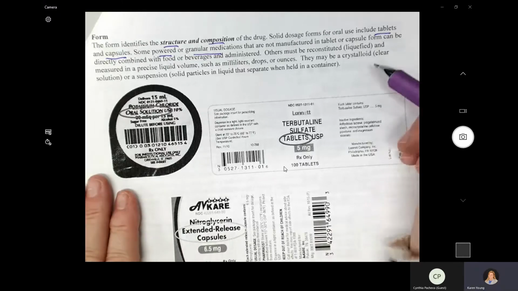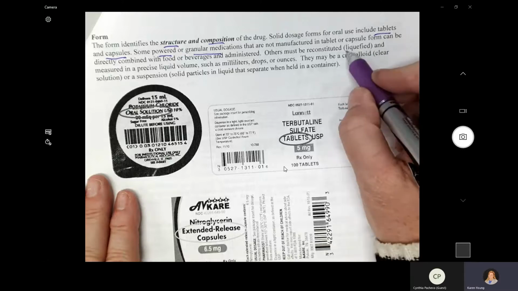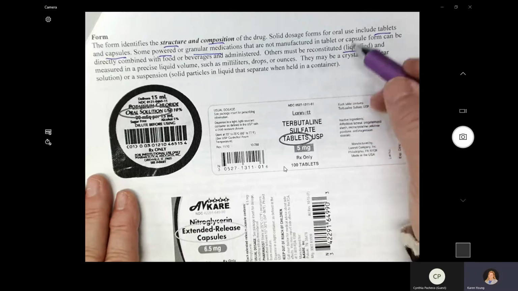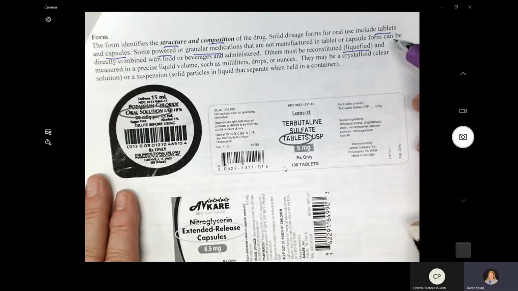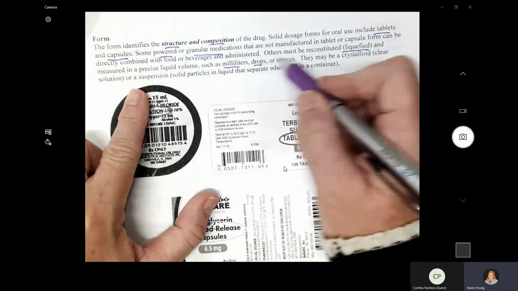And then the others may be powder, but need to be reconstituted. They're liquid. A lot of our injections are liquid, or they're powder, but they have to be reconstituted to liquid. And of course, these are measured in milliliters, drops, or ounces.